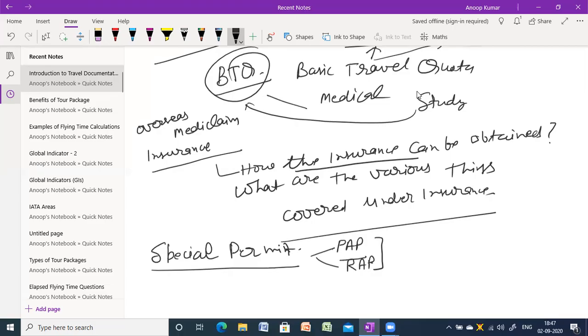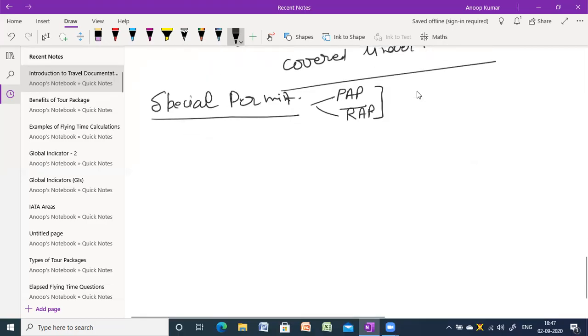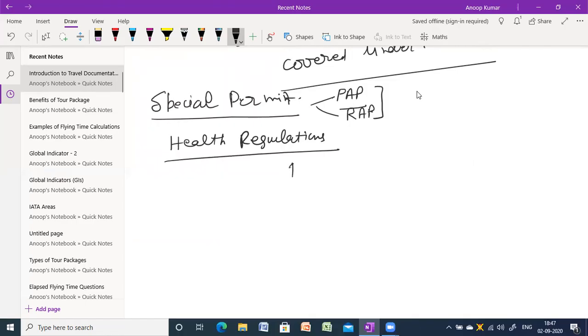And one another important topic, which is very important, that is the health regulations. We will also study about the health regulations. Nowadays, due to COVID-19, even in India, the health regulations are changing day by day. Earlier, the COVID-19 protocol was not there, but now I think this would be a must-included thing in the coming time.